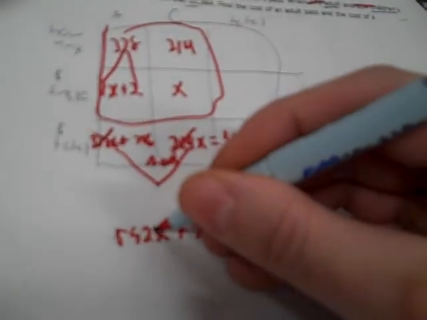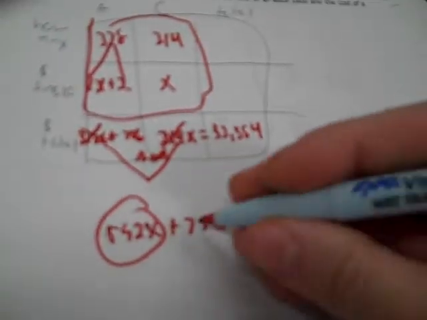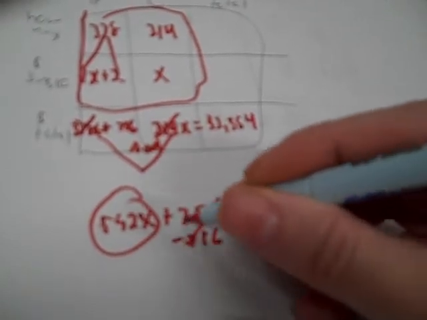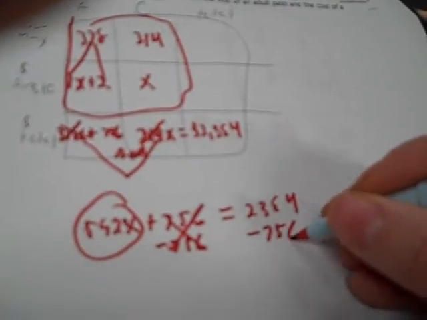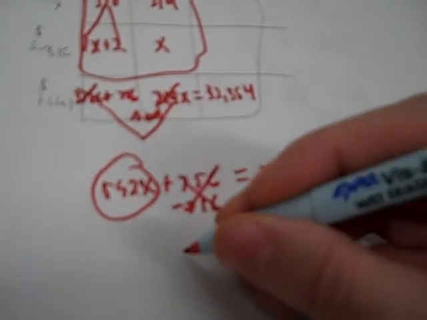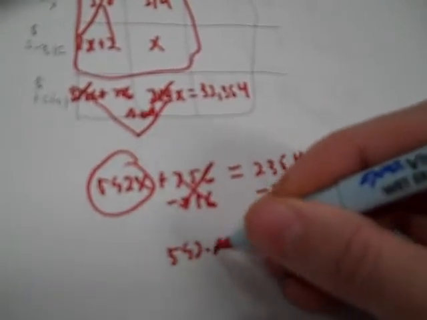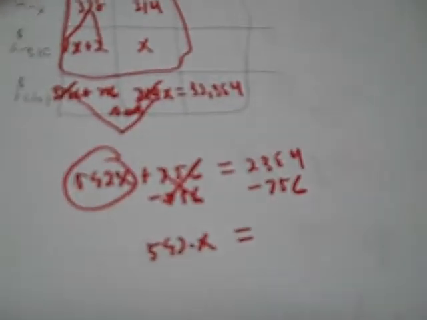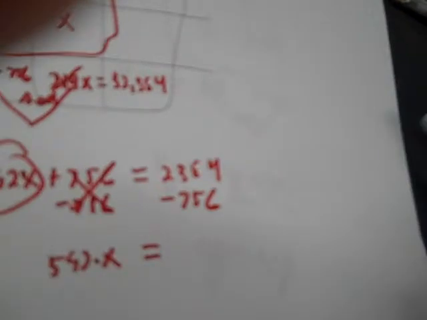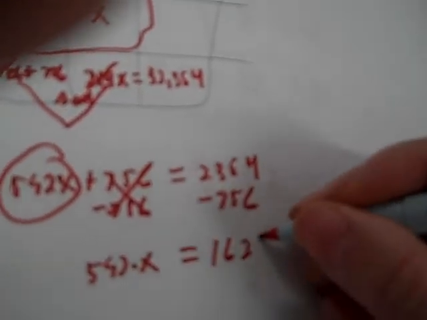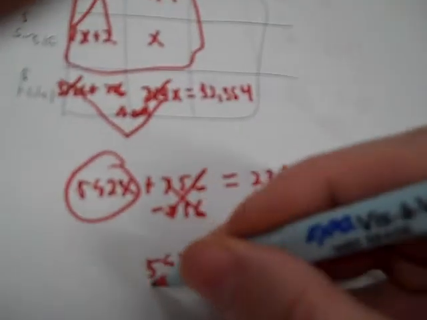Now I can dot my X and circle it, and I can minus 756, minus 756. So I have 592 dot X, and then I can write equals. And I take 2384 minus 756, and that's 1,628. Okay, now I divide.